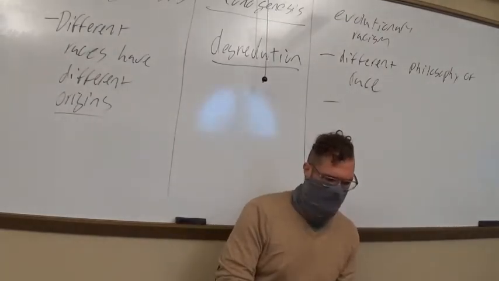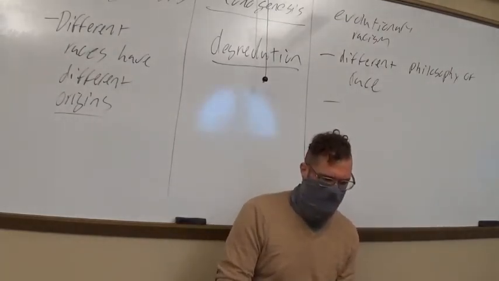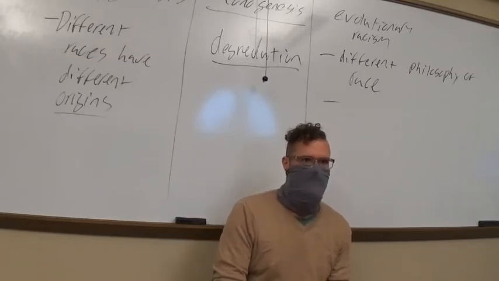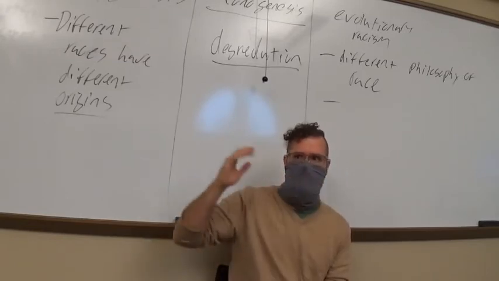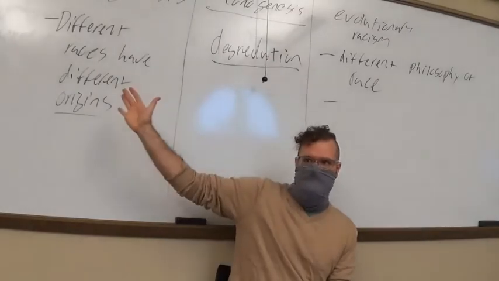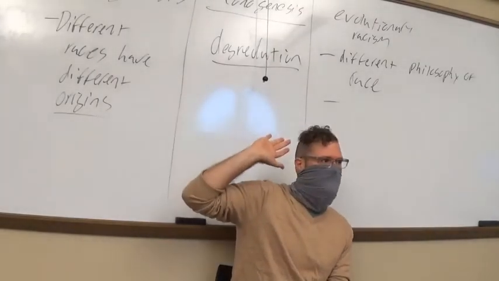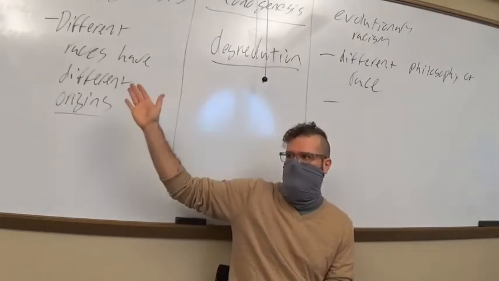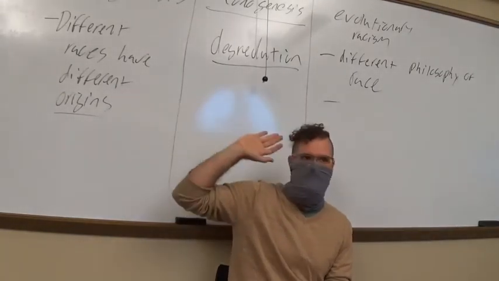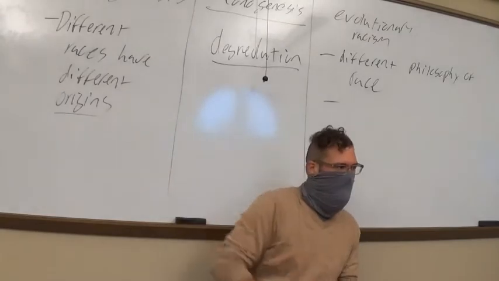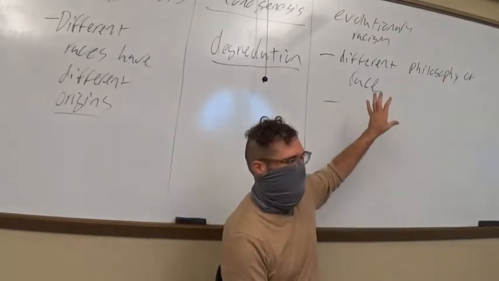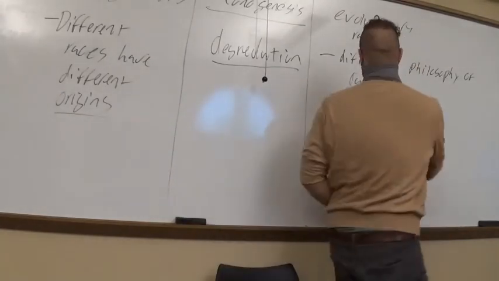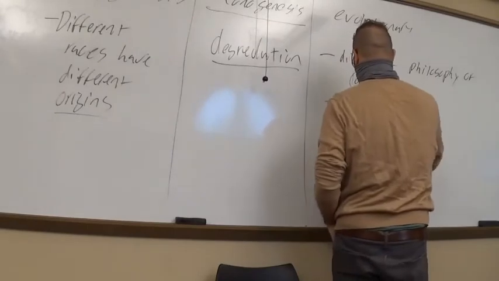Darwinian evolution in a lot of ways abandons any attempt to really talk about why races are different. And it abandons any idea of races being particularly connected to a specific environment. That is something you get from Kant. With Darwinian evolution, instead it's going to focus on biological adaptation.